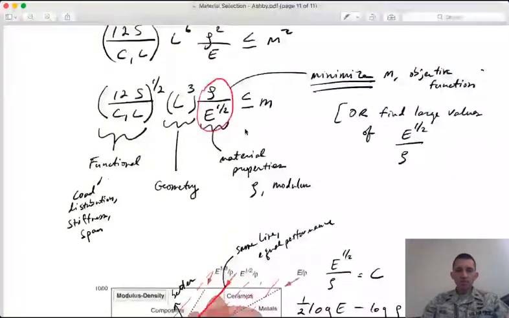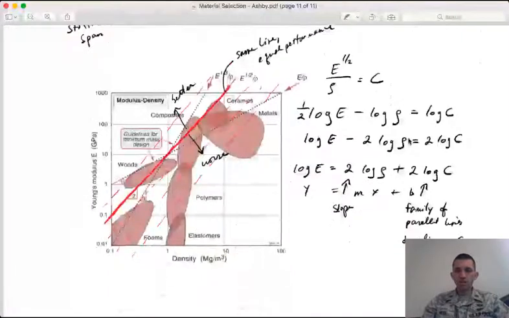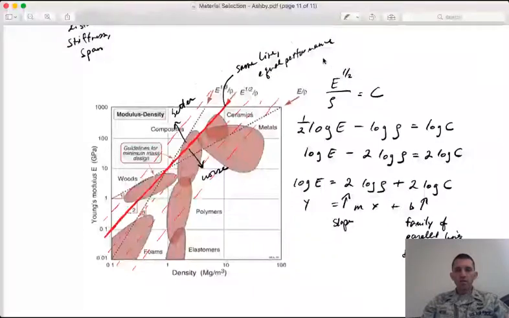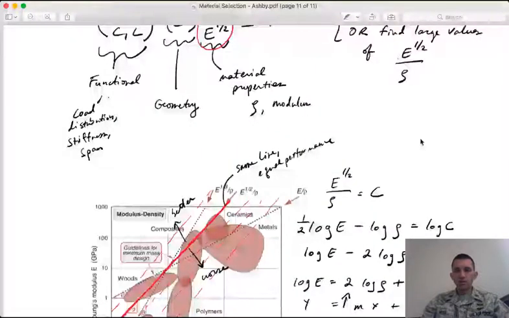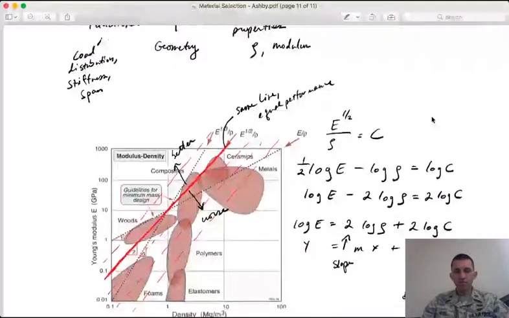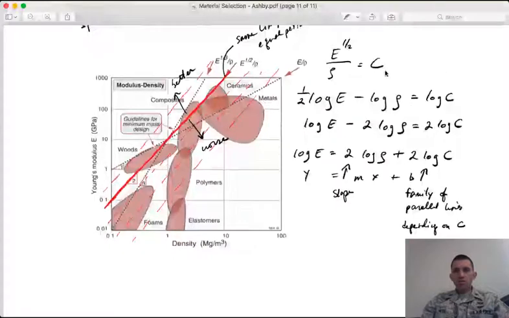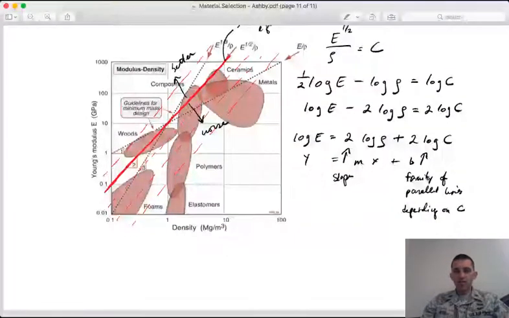Which leads us to the chart we need, right? Well, the chart we need is Young's modulus and density, right? So we'll pull that chart and plot a line through that is related to our combination of variables here. We have a different line for a different exponent on the Young's modulus, right? And here if we rearrange this function, we have, right, take the log of both sides, bring down our half, rearrange into a point-slope form, we see that, right?